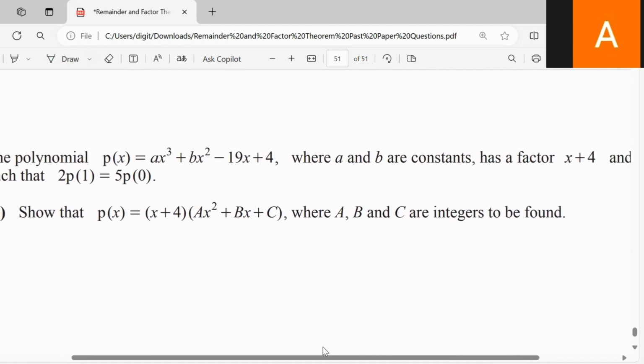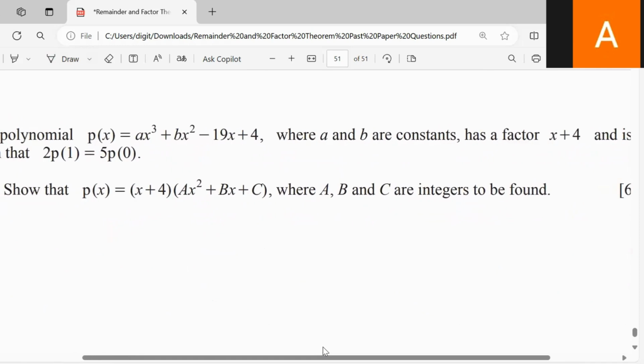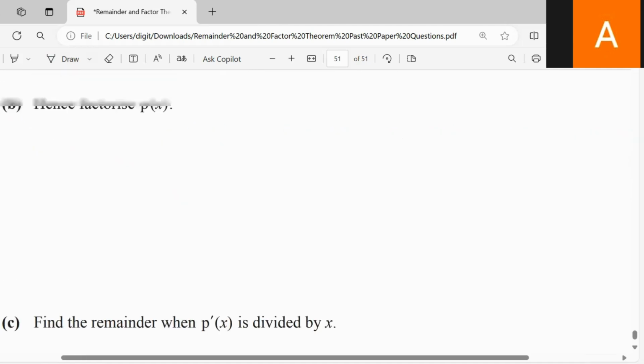The question is, the polynomial p of x is this, where a, b are constants, and it has a factor x plus 4. It means when you substitute x equals minus 4 in the given polynomial, your answer is 0 by using the factor theorem.